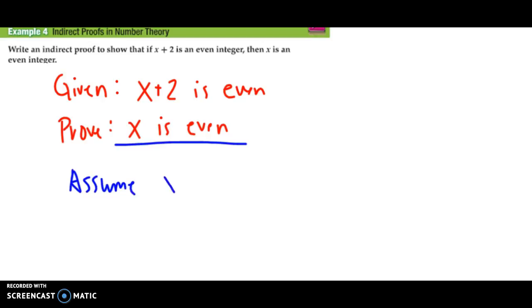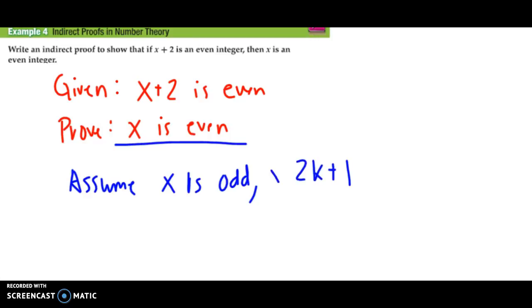Assume x is odd. So a way to write an odd number is 2x plus 1. Okay? Actually, I'll use a different letter instead of x so we don't get confused. How about we say 2k plus 1.